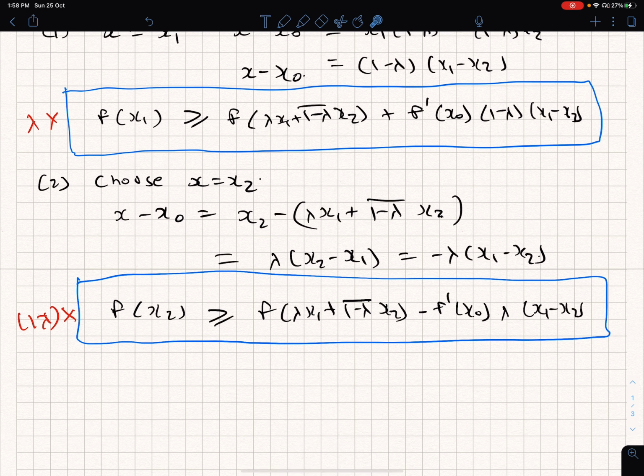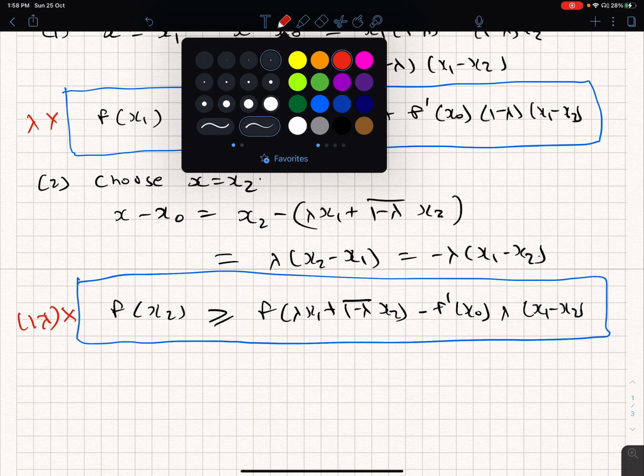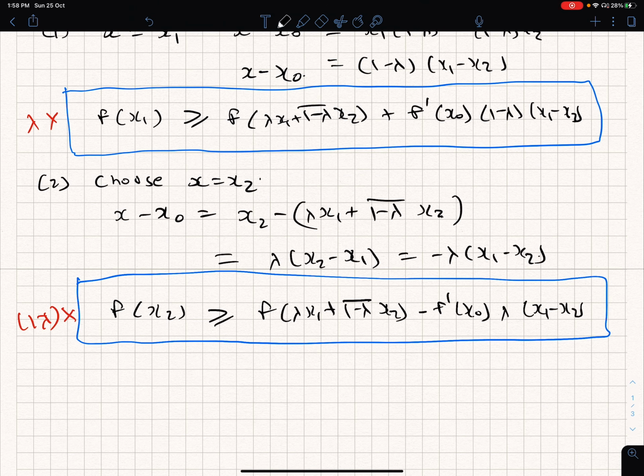So I will eliminate whatever is there with respect to the first derivative. Remember, lambda and 1 minus lambda, coming from 0 to 1, are both positive, so the inequalities will not change any sign. I can continue to add them in the same way.